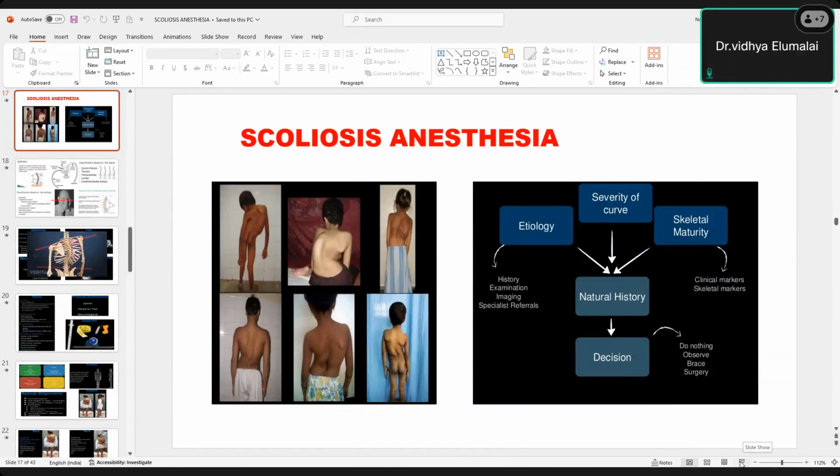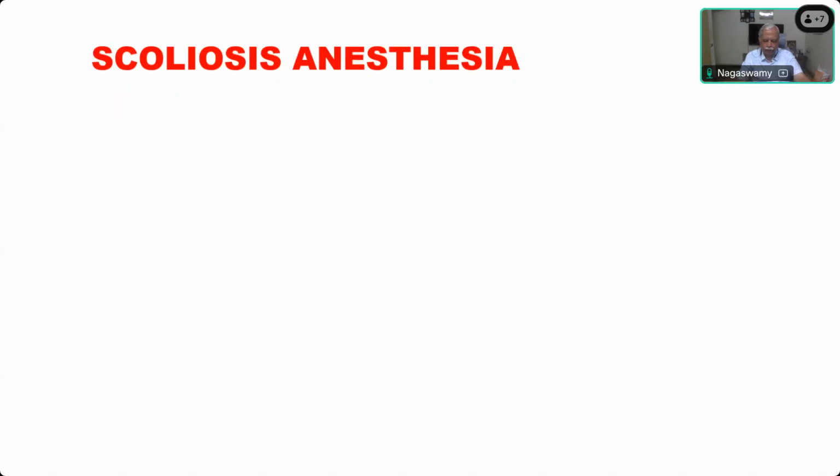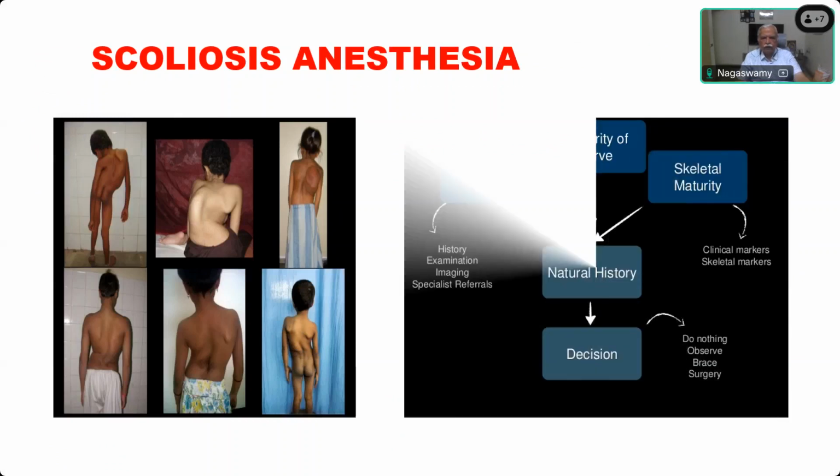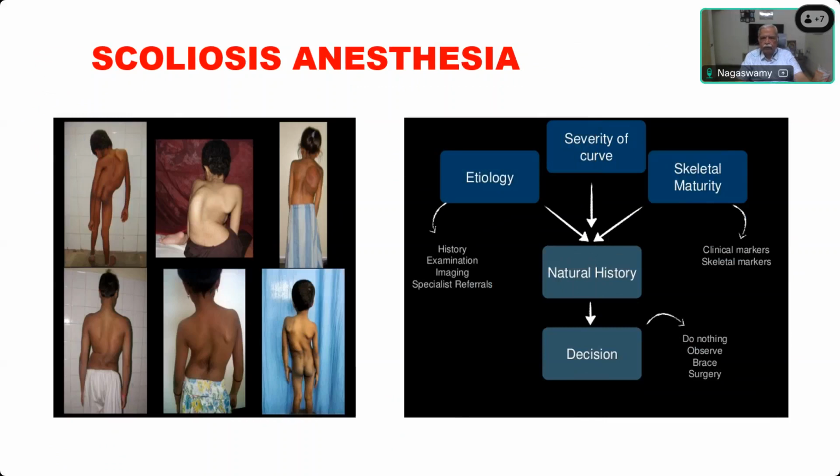Yes, sir. Okay. All of you have seen sometime or other in your career patients like this with scoliosis. So the natural history, you have to collect history, examination, imaging, and specialist reference, severity of the curvature, skeletal maturity, clinical markers, decision making: do nothing, observe, brace, and surgery.